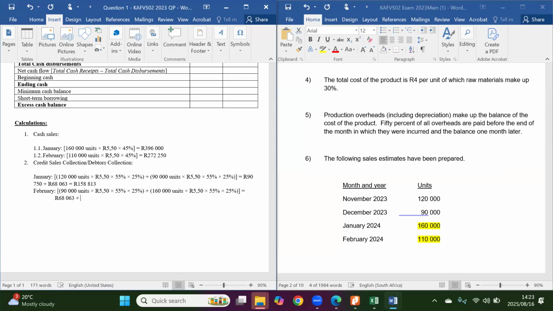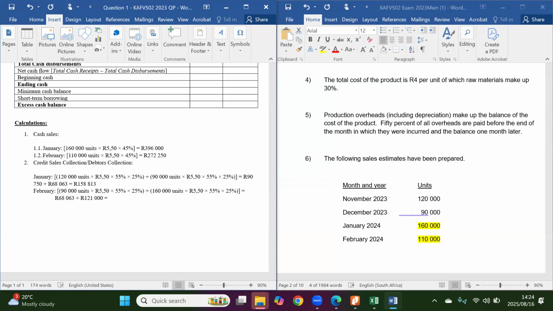Now we want to calculate this one: 160,000 times 5 rands 50 times 55% times 25%. I'm getting 121,000. You got the same?